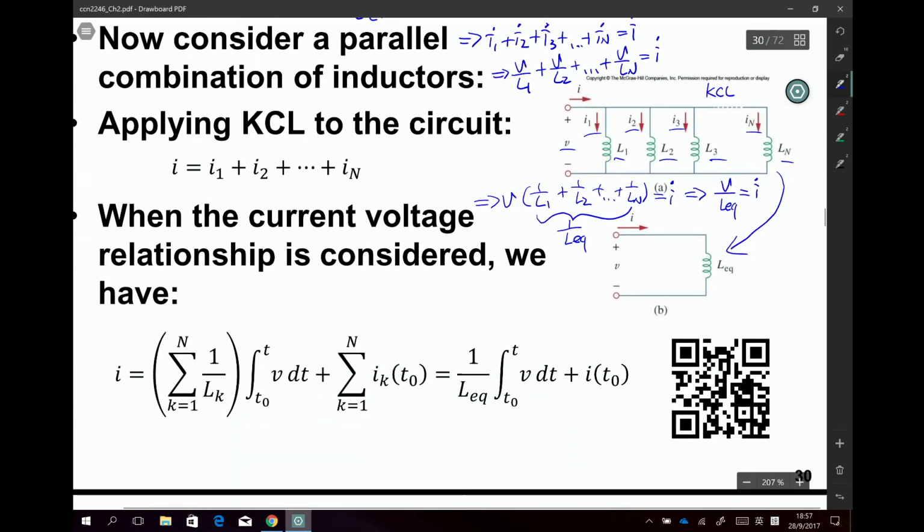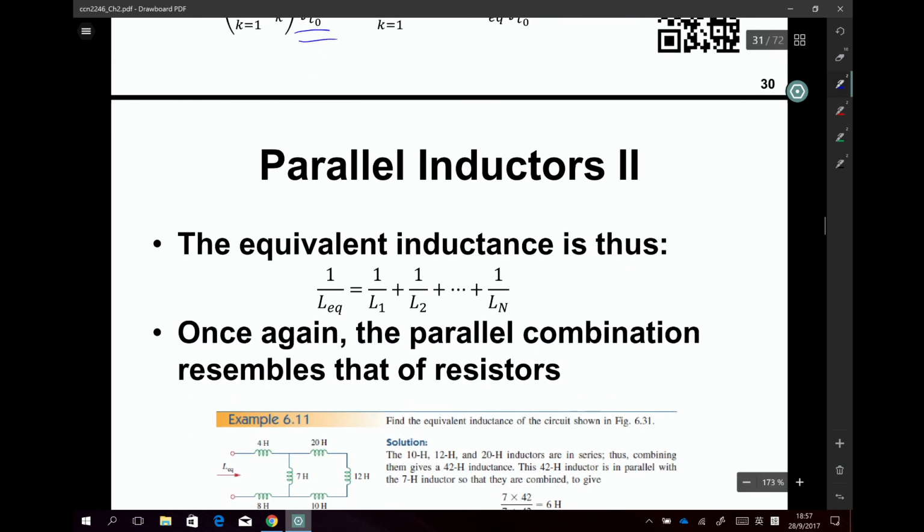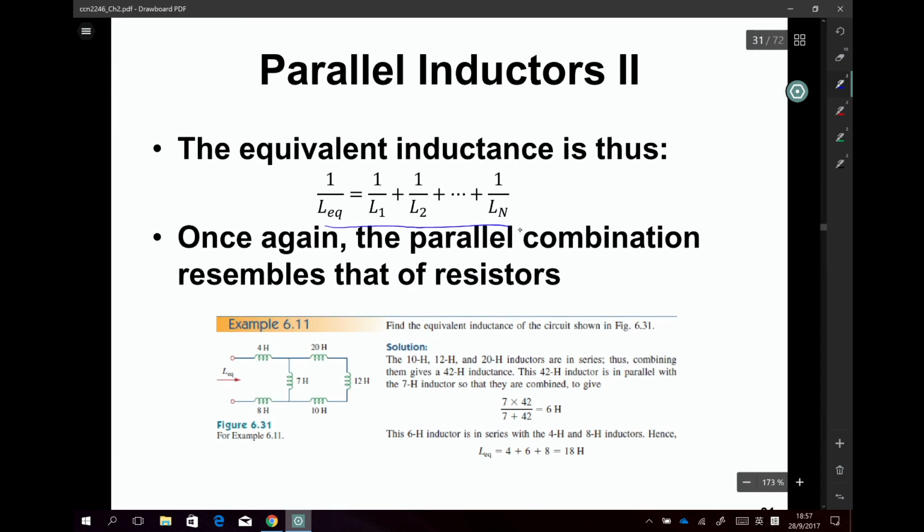Again, the formula was derived using the integral form, but I have shown that you can use the derivative form and reach the same conclusion. At the end, you have this formula, and we say that the parallel combination resembles that of resistance. You use the same technique to reduce the parallel inductor network.